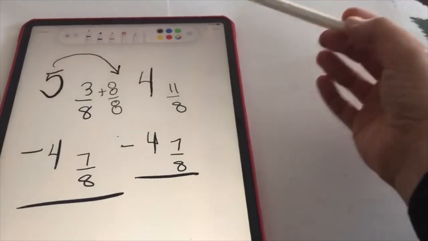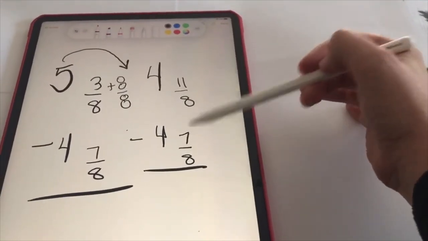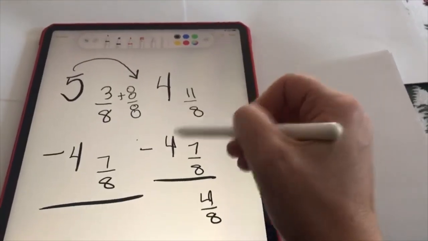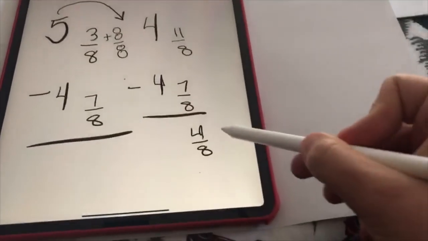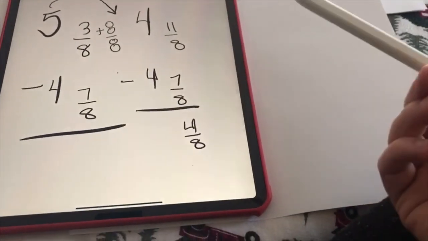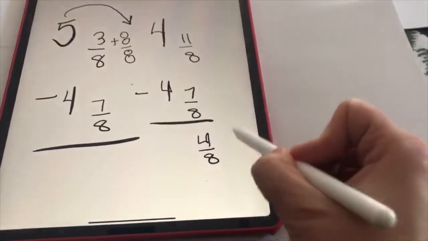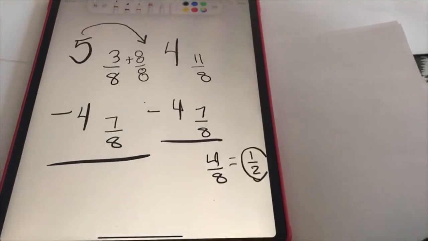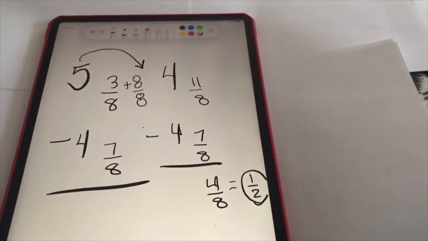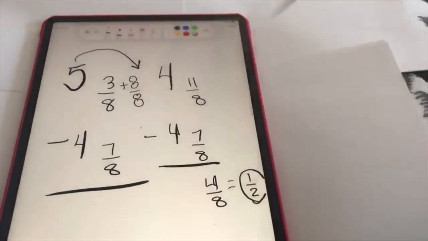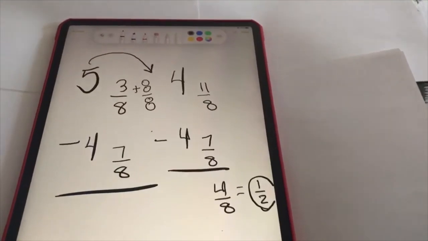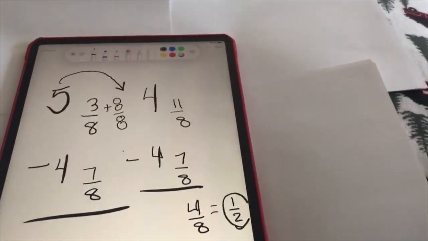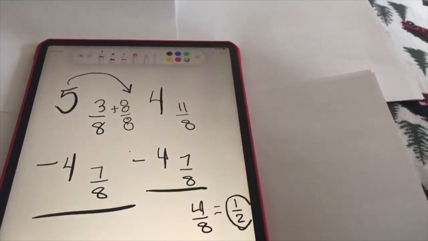When I subtract 11/8 minus 7/8, I get 4/8. 4 minus 4 is 0, so my final answer is 4/8, which I'm hoping all of you know is equivalent to 1/2. Notice with these problems where we have to borrow from the whole number, I haven't given you separate denominators yet. Stay tuned for that tomorrow.